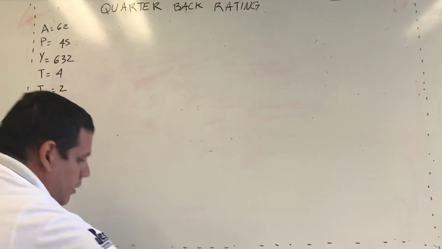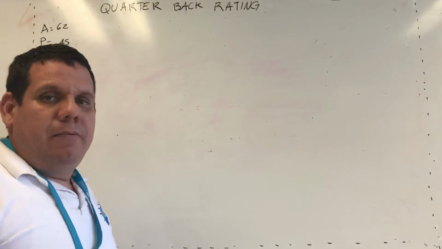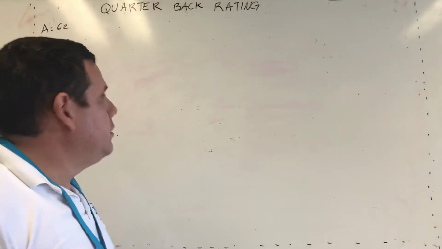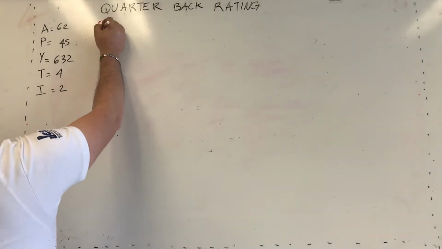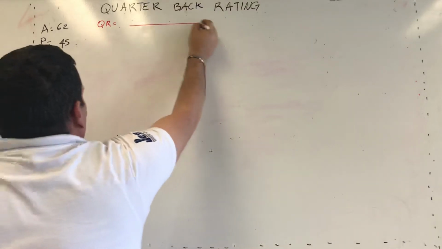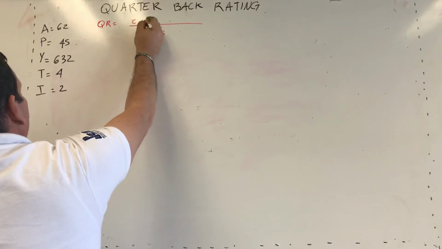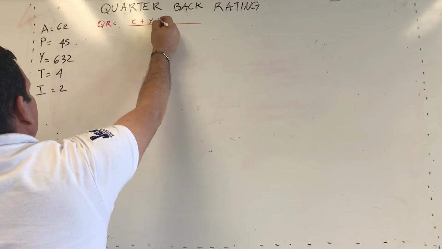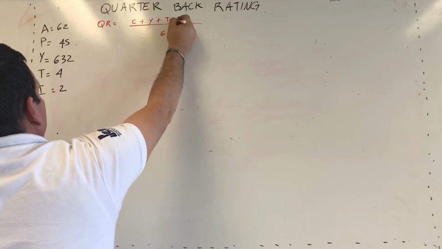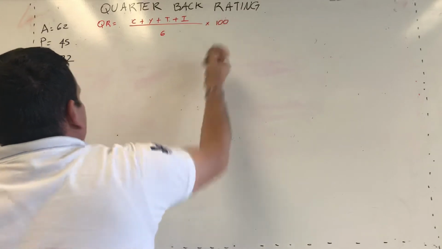Now, what is the formula? If you simplify, the main formula is very easy. The quarterback rating equals you divide by 6 the addition of C plus Y plus T plus I, and whatever you get, you multiply times 100.